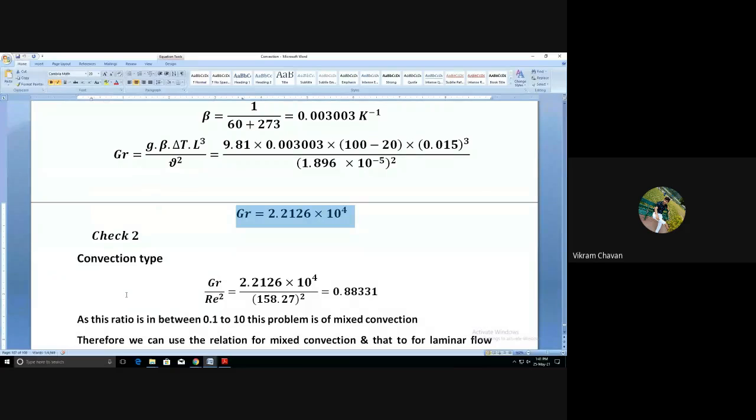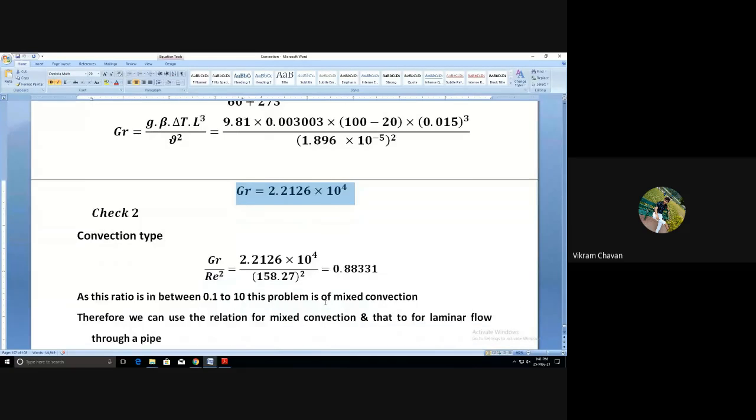So I get the value of this ratio as 0.88331. As in our cases, if Grashoff's number divided by Reynolds number square is greater than 0.1 and less than 10, then we consider the convection type to be a combination of free convection and forced convection.